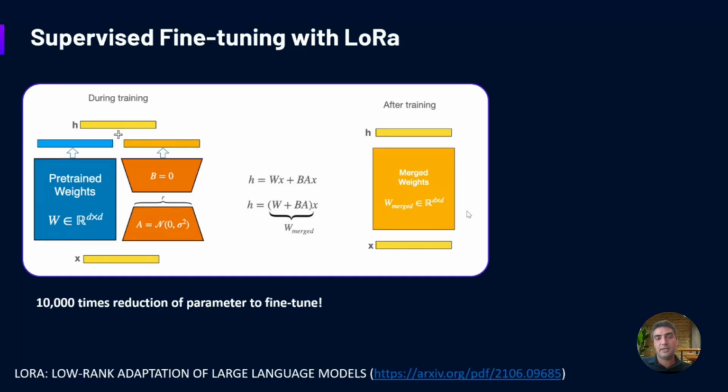So you can combine the generic knowledge with the fine-tuned adapters. You'll be able to get almost the same performance as full fine-tuning with almost a 10,000 times reduction in parameters to fine-tune. So it requires much fewer resources. It's way cheaper than fine-tuning entire models. It's a real breakthrough that unlocked a lot of things.